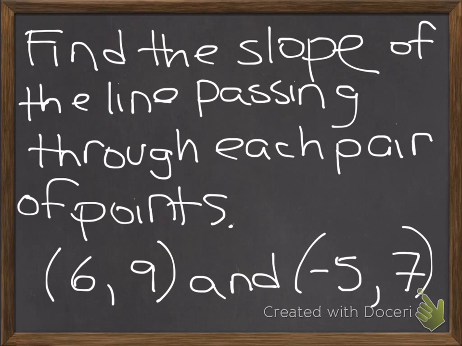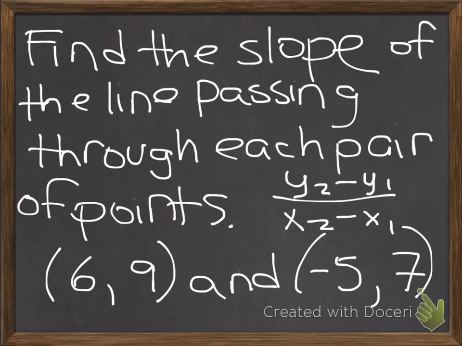Next, I'm asked to find the slope, and I'm given 2 points. So I need to remember that the slope is subtracting the y coordinates over subtracting the x coordinates. So I'm going to take the 9 and the 7 and subtract those. Since I started out with the 9, I'm going to use the 6 for my first term for my x values.